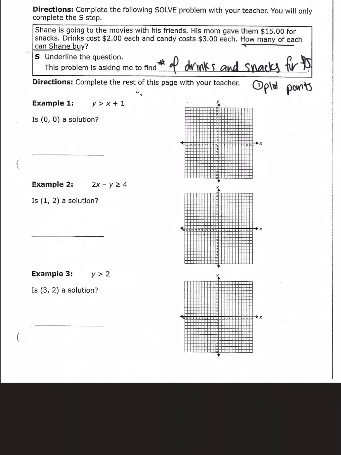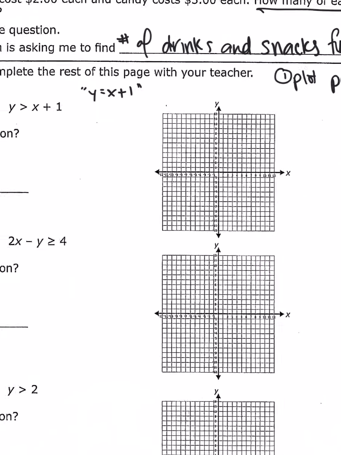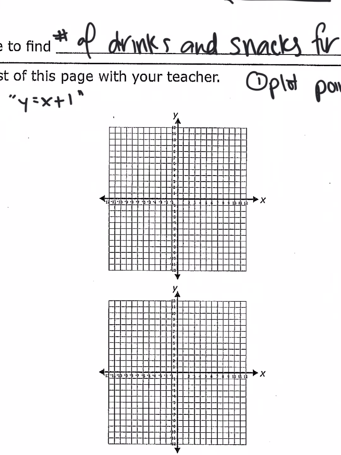For a second, we're just going to pretend this says y equals x plus 1, and we'll graph what that would look like. So if y is equal to x plus 1, that says I'm starting at positive 1 for my y-intercept, and my slope is 1 over 1. So it says I'm going up 1 and to the right 1 to make more points on this line.